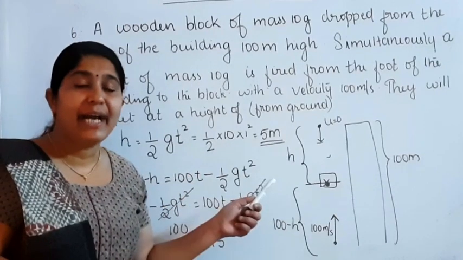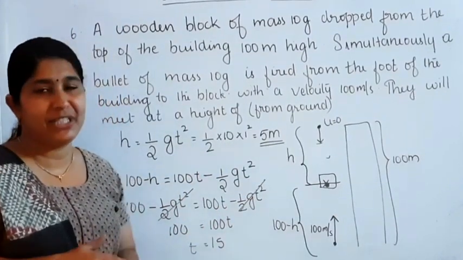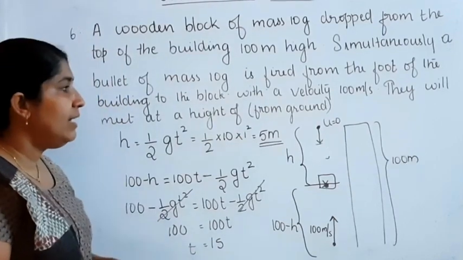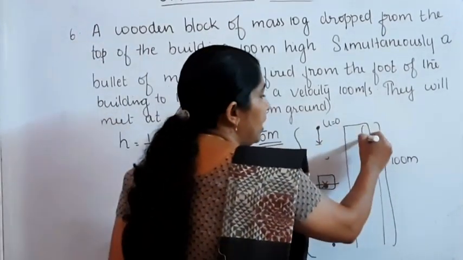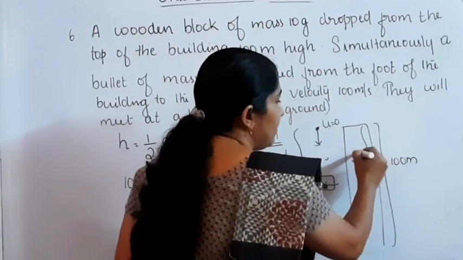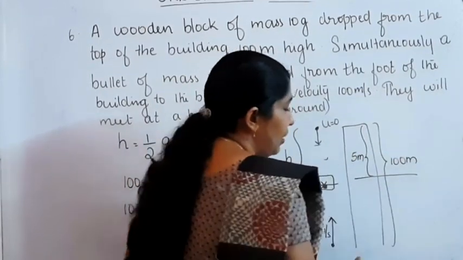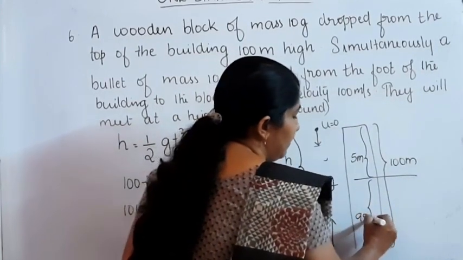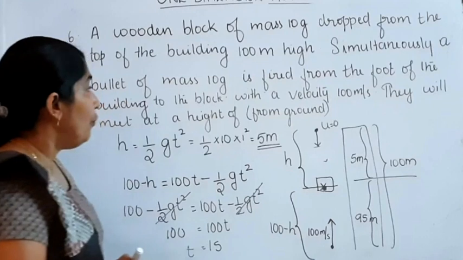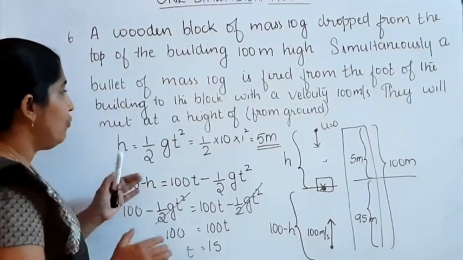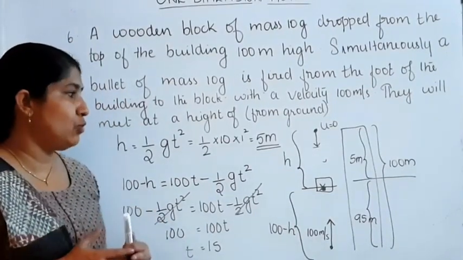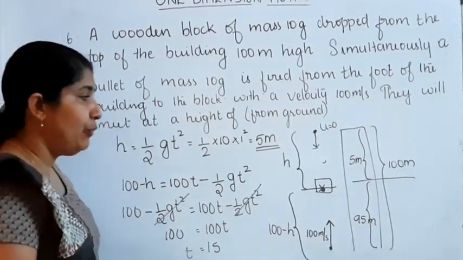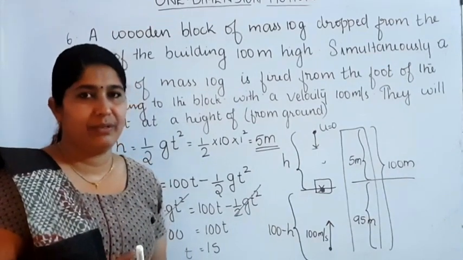The height of the building is 100 meter and the distance travelled by the wooden block is 5 meter, so the height from the ground is 95 meter. These two bodies meet each other at a height of 95 meter from the ground.